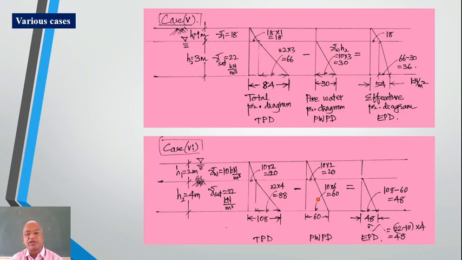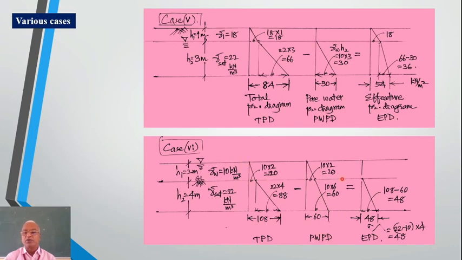This is the total pressure diagram minus, because of the pore water, it is inclined with a rate of 10 into 2 at this level, additional 10 into 4, or 10 into 6 total, it will be 60, right? So here the difference of total pressure diagram minus pore water pressure diagram gives you the effective pressure diagram.